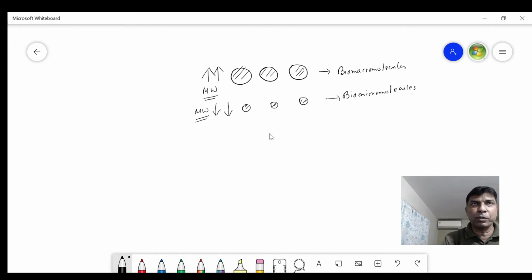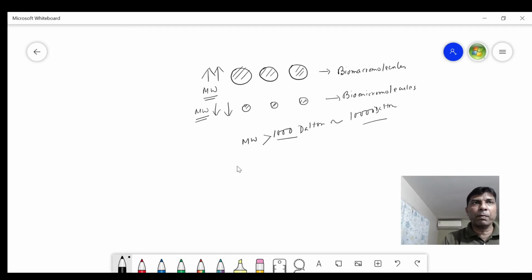If it has to be a biomacromolecule, then it must have a molecular weight starting from above 1000 Dalton to around 10,000 Dalton roughly, or maybe more.